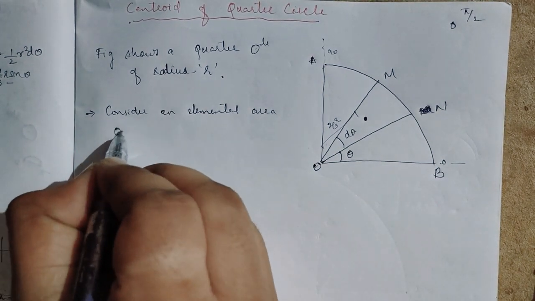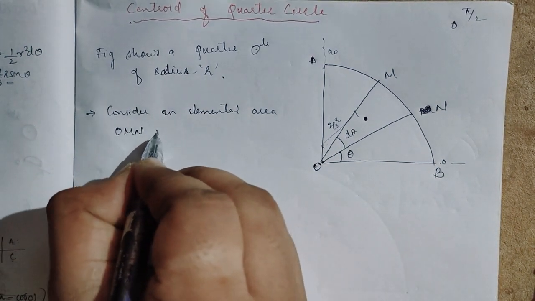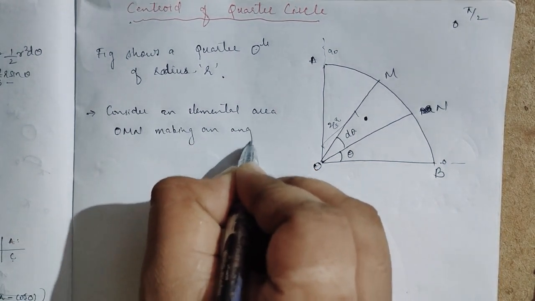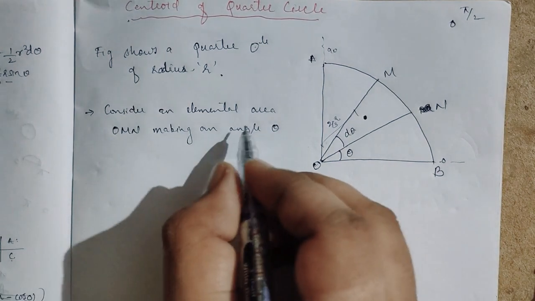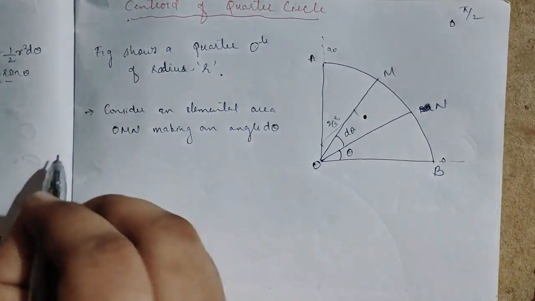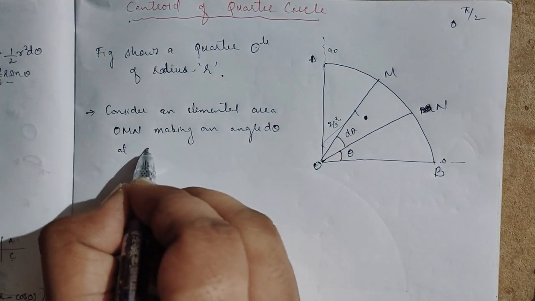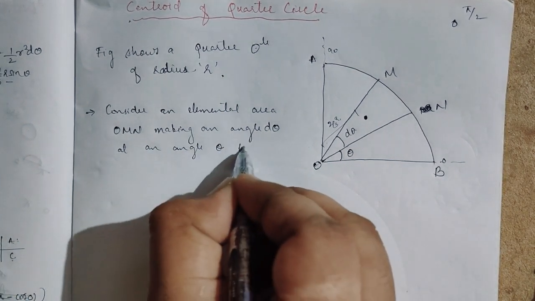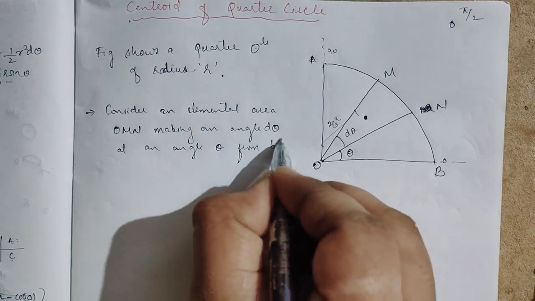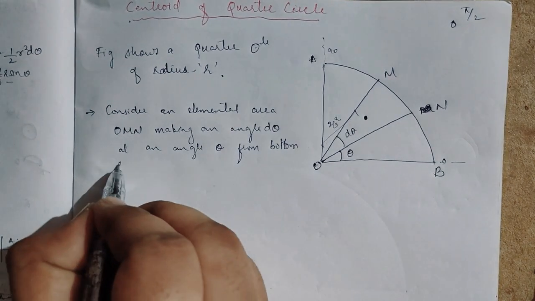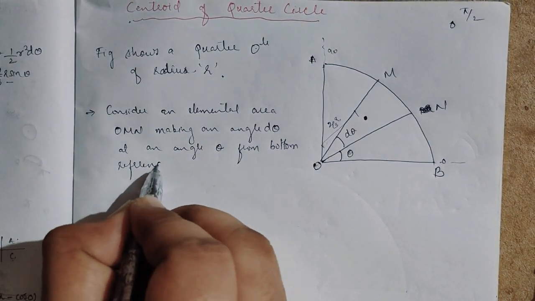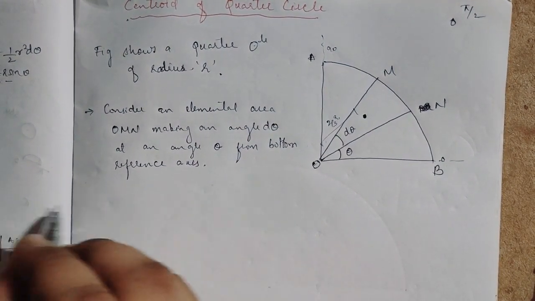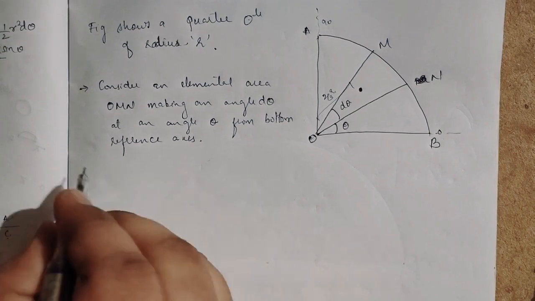What is that elemental area? OMN, making an angle d theta at an angle theta from the bottom reference axis. So the same procedure as we did.